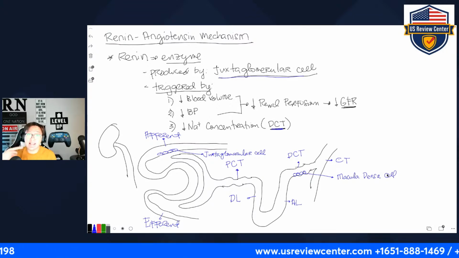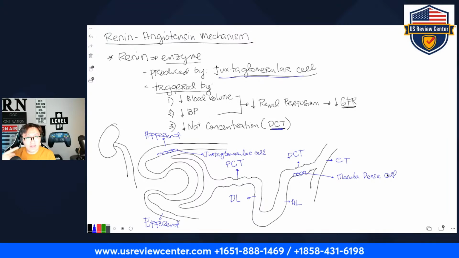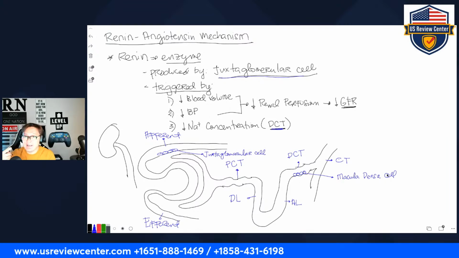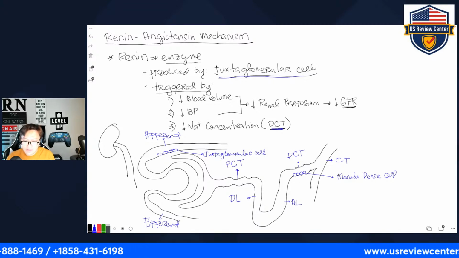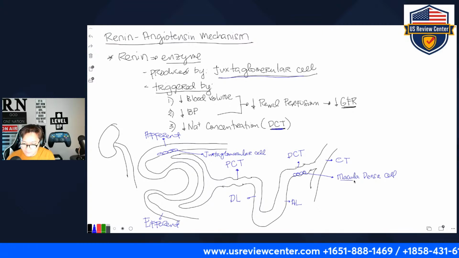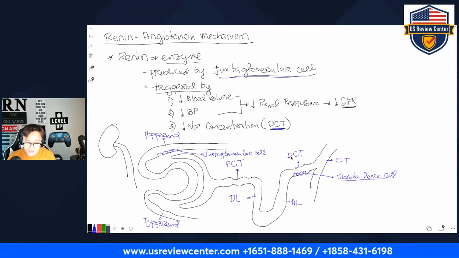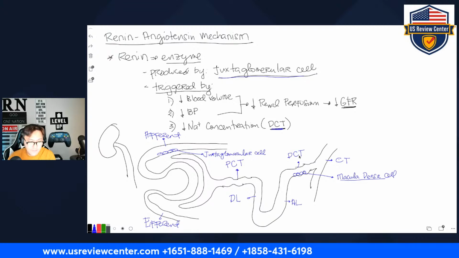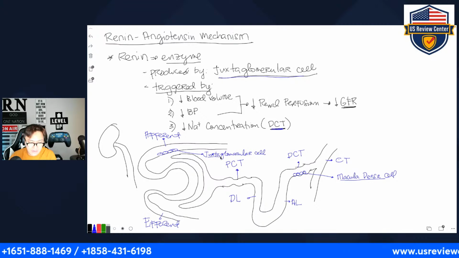In short, it has a sensory function. Not only that, it will help regulate or maintain blood pressure, fluid balance, and electrolyte homeostasis. That's your macula densa cell. So these are two cells you need to remember. Macula densa cell in your distal convoluted tubule, and your juxtaglomerular cell in your afferent arteriole.